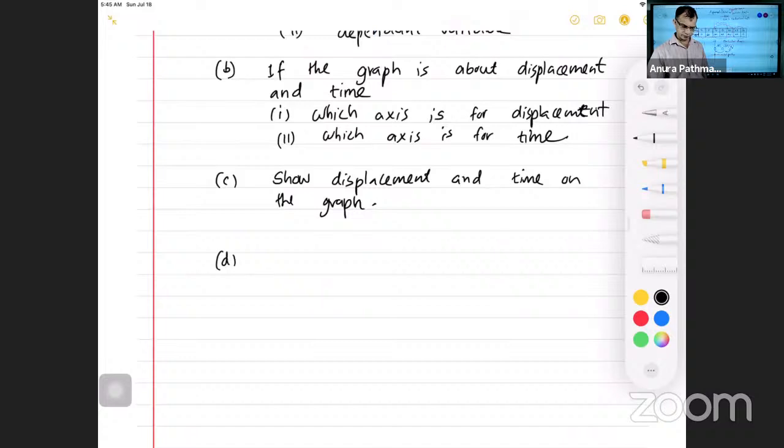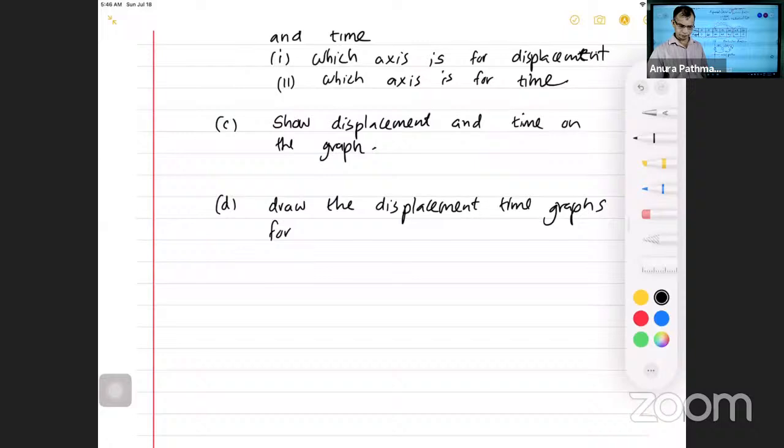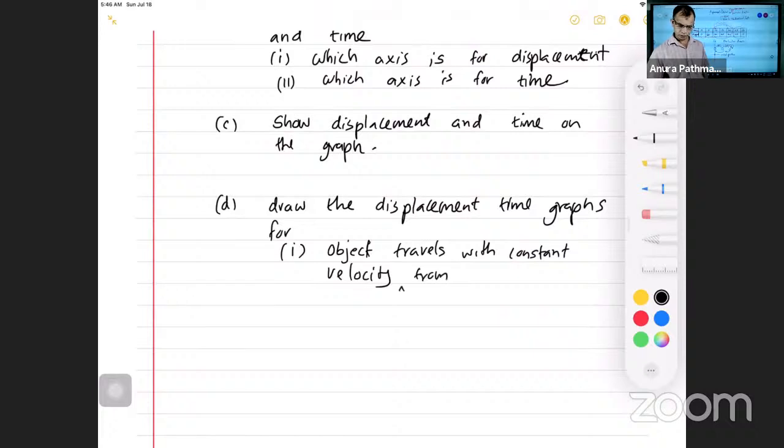D. Draw the displacement time graphs for: one, an object travels with constant velocity starting from the initial position.